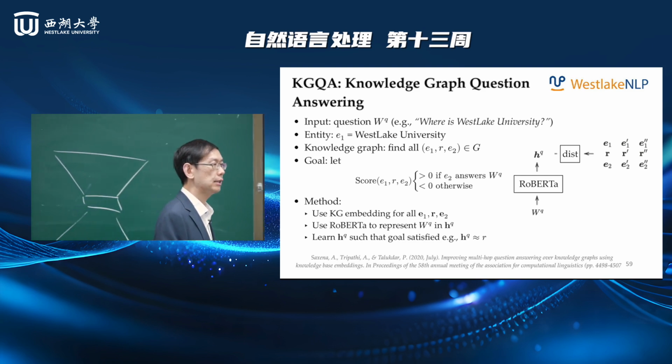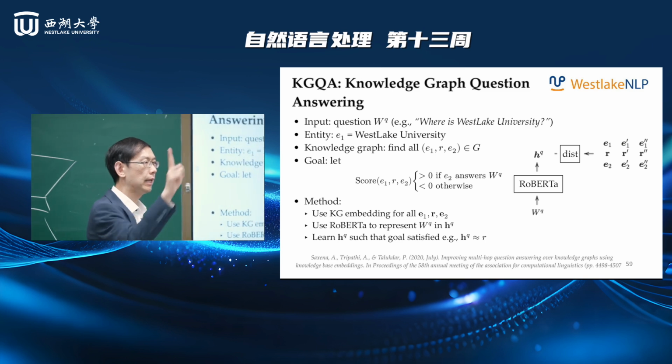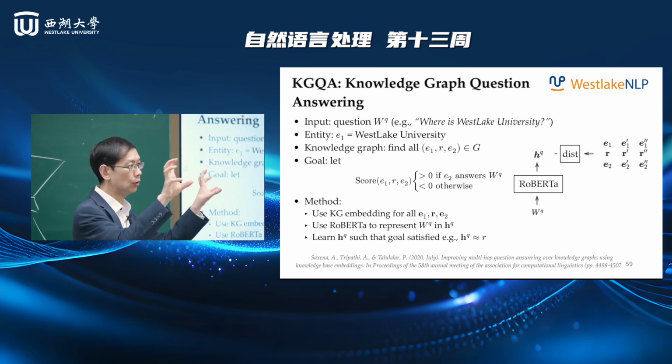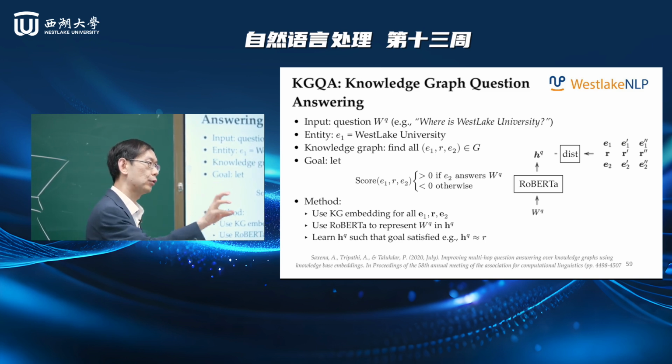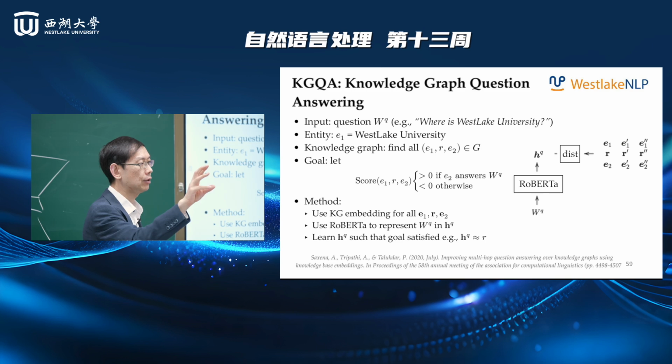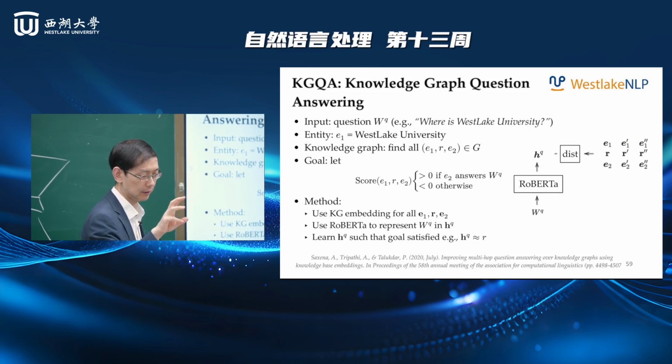Now using this E1, I can find its neighbors, every node connected to Westlake University. Maybe Westlake University is located somewhere. Westlake University, the category is an institution.